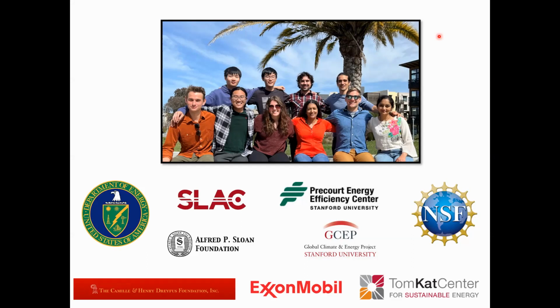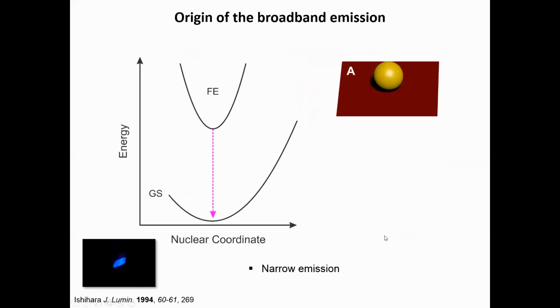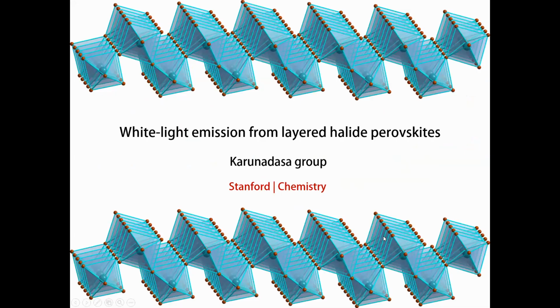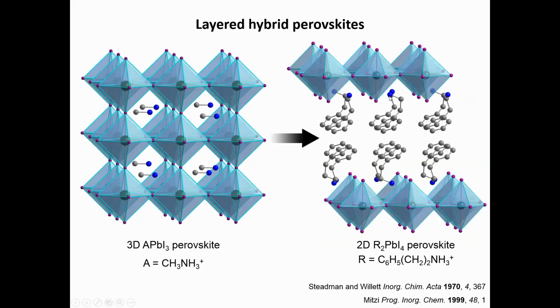So there are lots of hydrogen bonding interactions. All of the organic molecules in this material so far are primary ammoniums. So there's a lot of hydrogen bonding between these ammonium hydrogens and the terminal halide as well as the bridging halide.